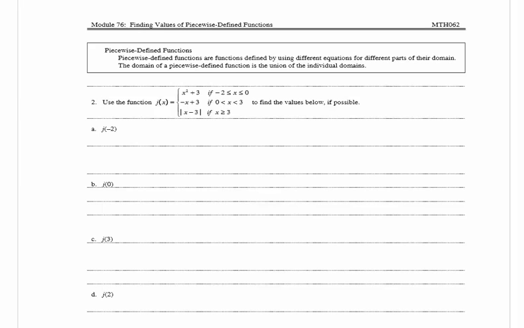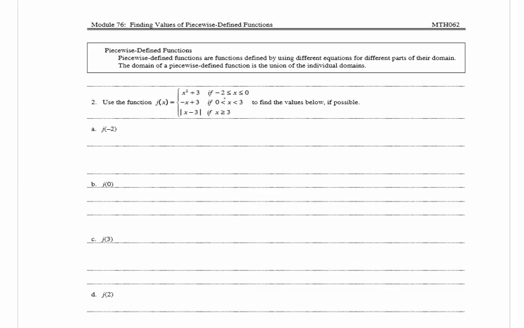In problem 2, it says use the function j of x is equal to x squared plus 3 if negative 2 is less than or equal to x is less than or equal to 0, negative x plus 3 if 0 is less than x is less than 3, and the absolute value of x minus 3 if x is greater than or equal to 3.